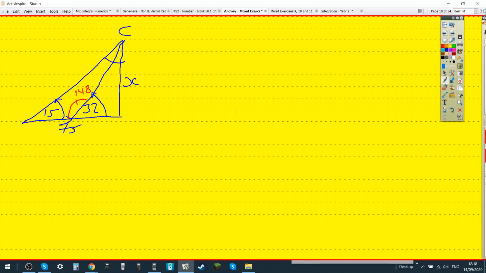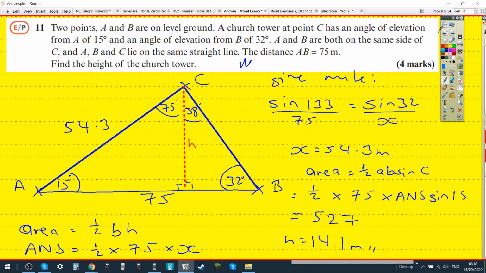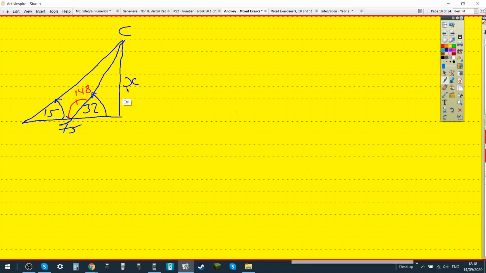So this angle up here. Did we have any other? Oh, the distance A to B is 75. So just this in here.